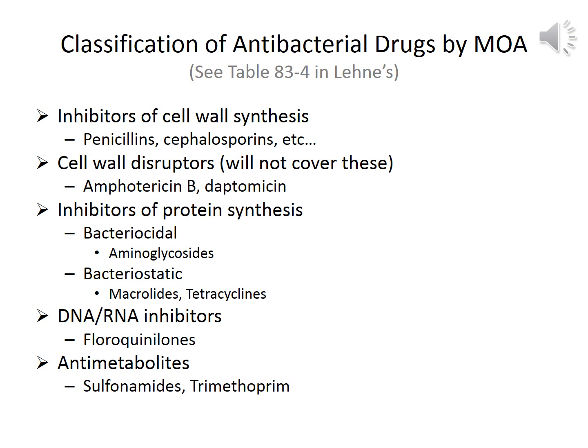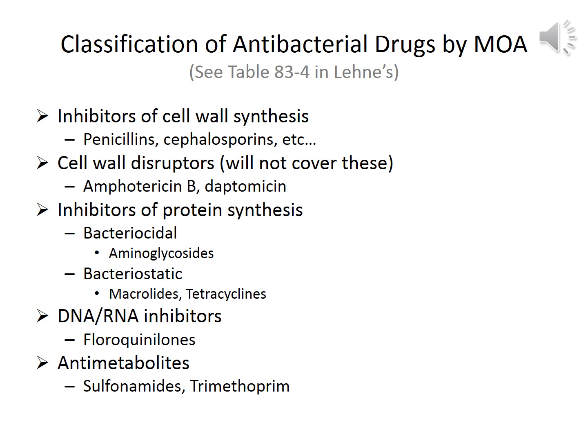With inhibition of protein synthesis, some can be bactericidal, or they could be bacteriostatic. We'll look at the aminoglycosides and how they actually kill bacteria, versus our bacteriostatic inhibitors of protein synthesis like macrolides and the tetracycline classes of antibiotics. We'll look at that as we move forward.